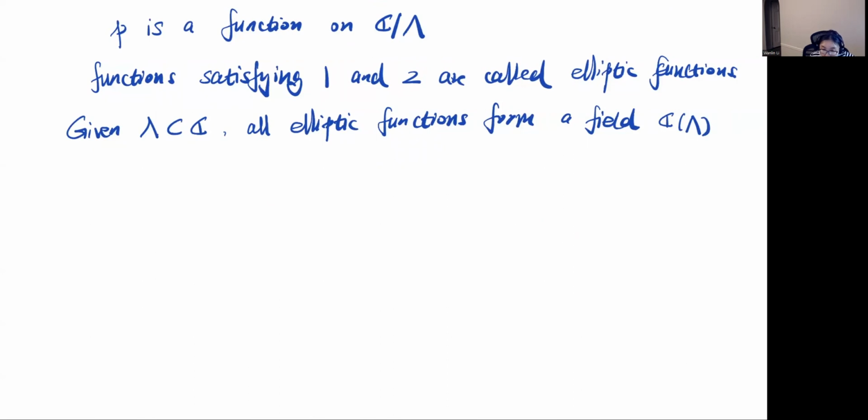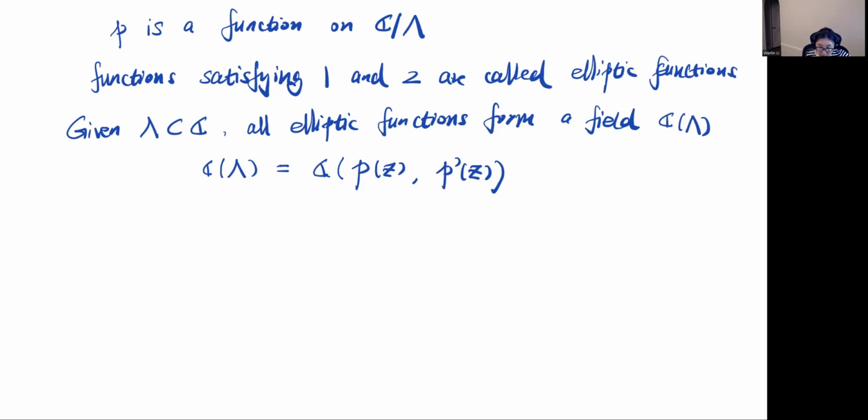And the important thing about this Weierstrass P function is that this field C of lambda is generated by the Weierstrass P function and its first order derivative. Generating the function field means that every elliptic function is a rational combination of P(z) and P prime(z).